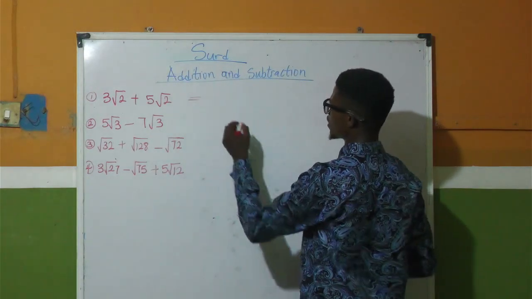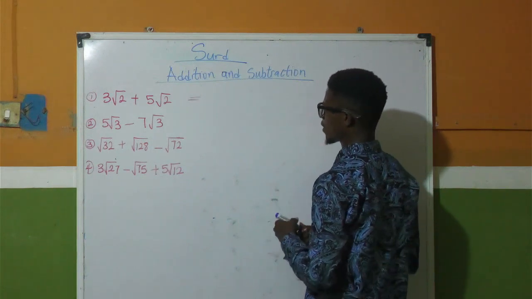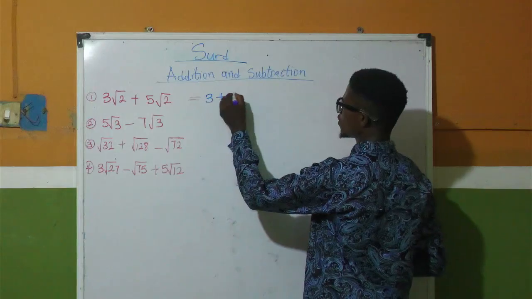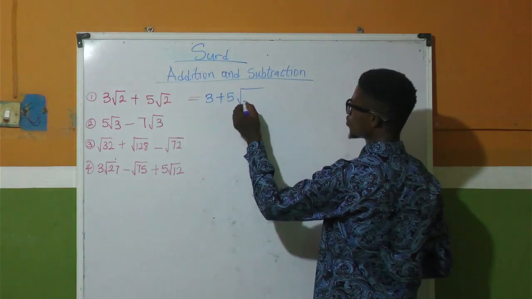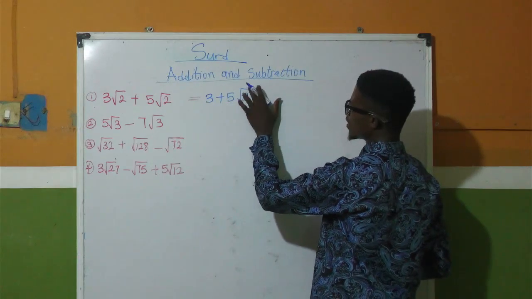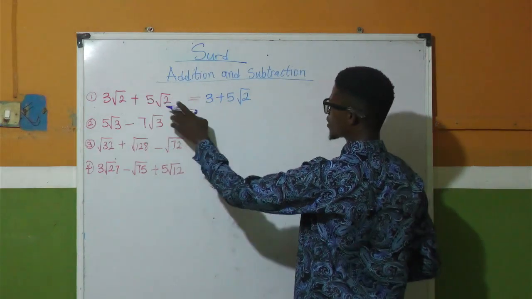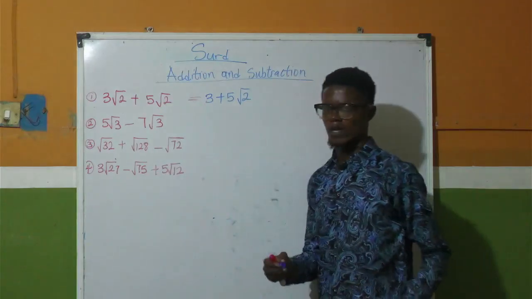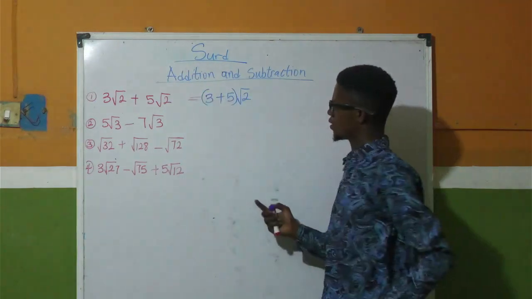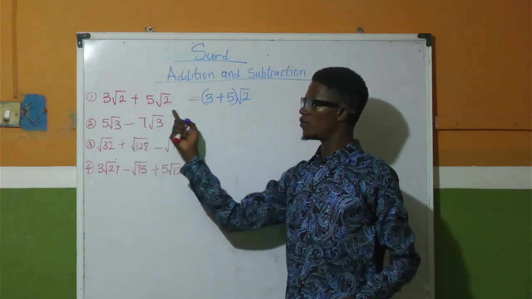We can rewrite this as 3 plus 5, root 2. Since they have the same value, I don't need to repeat the root 2; I just write it once, in brackets.